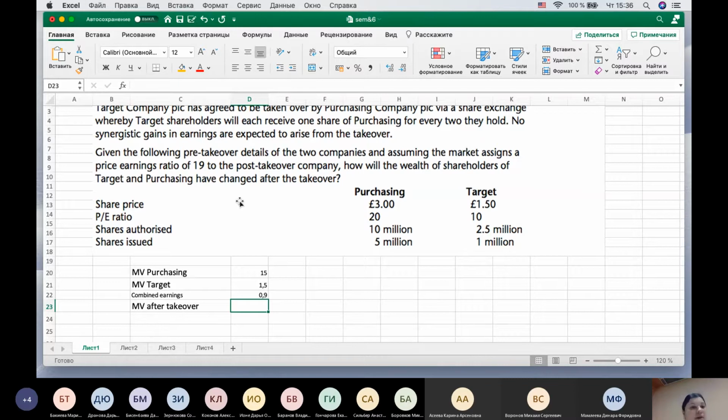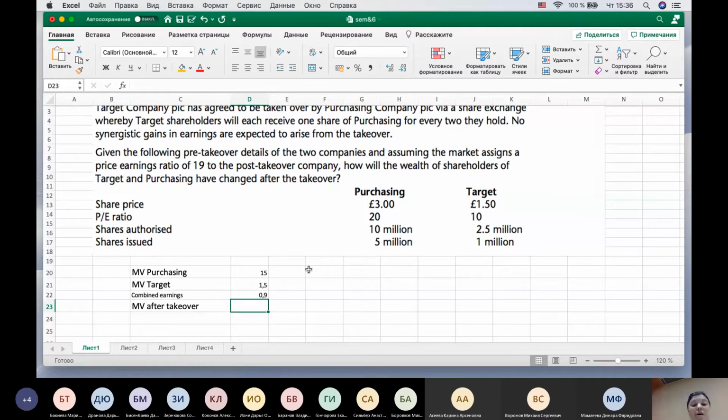To tell the truth, let's read together the conditions of this task: giving the following pre-takeover details of the two companies and assuming the market assigns a price-earnings ratio of 19 to the post-takeover company. So our P ratio after takeover equals 19.